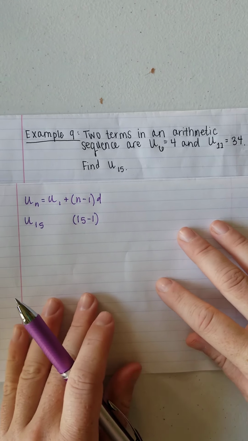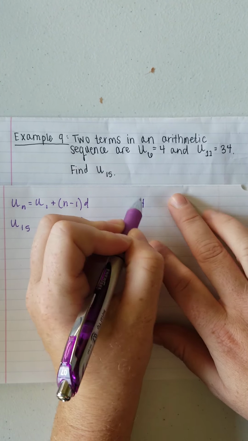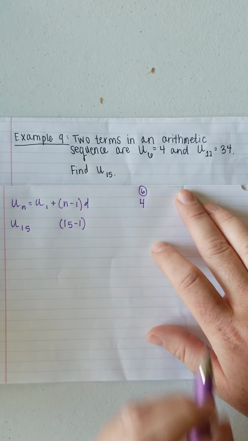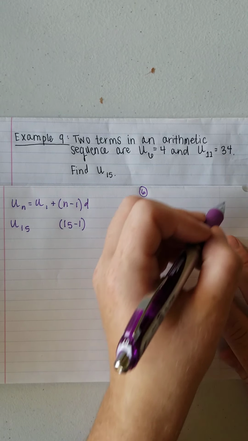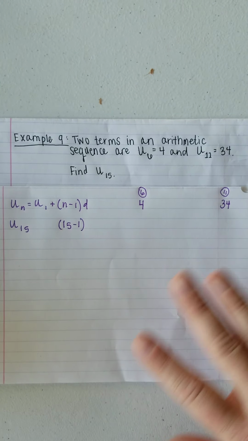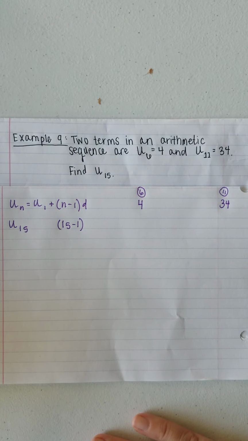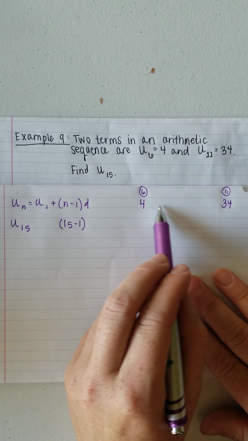First thing I'm going to do is write down this 4 here, which is the 6th term. And I know that there's a gap between the two terms that they gave us. So I'm going to put the 34 over here, which is the 11th. Obviously there are some blanks here of terms.